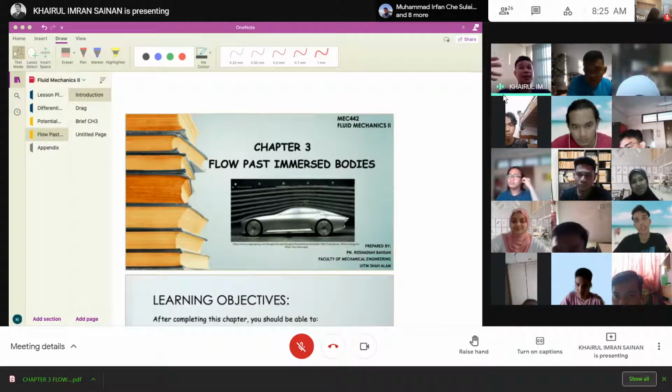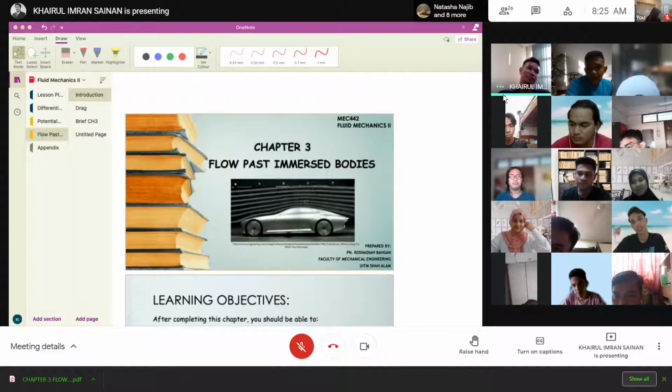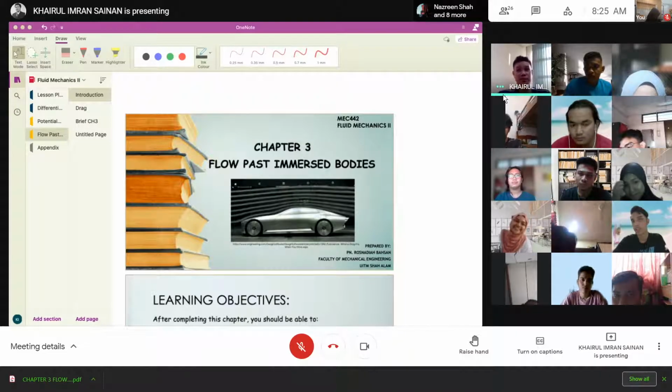Regarding aerodynamics, the one that you answered is correct, but as an engineer, when we talk about aerodynamics, we try to design something towards the body.